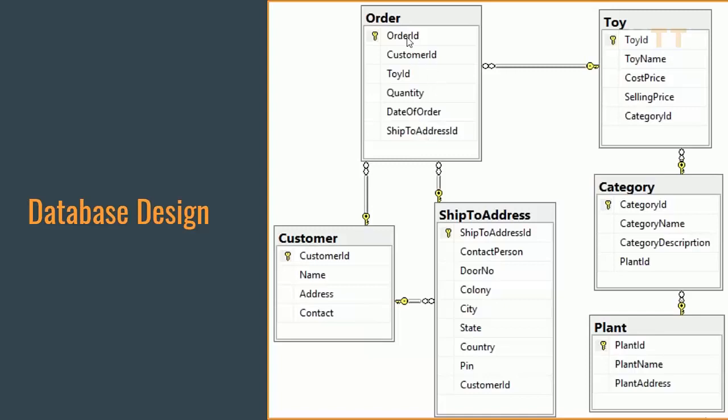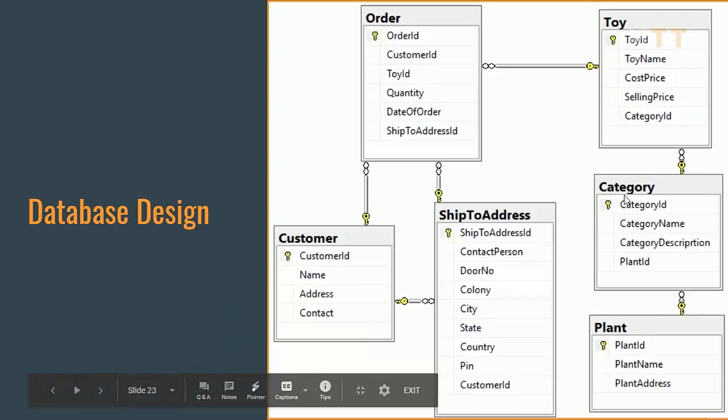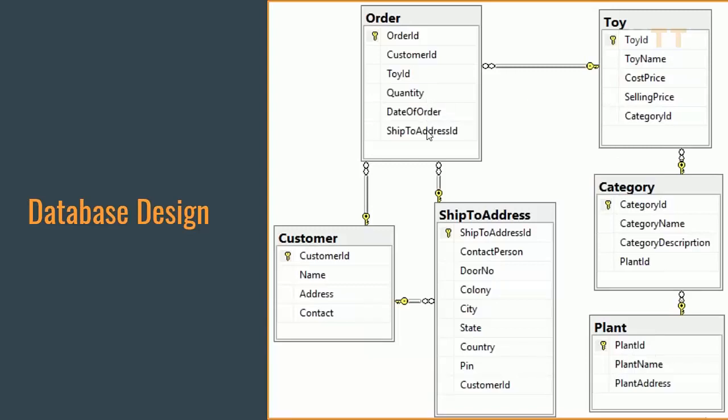What are the things I want? Order ID, I'll get it from here. Customer ID, I'll get it from here. Toy ID, toy name, I'll get it from here. Then I want category name, and also plant name. And then quantity, date of order, and ship to address contact person.